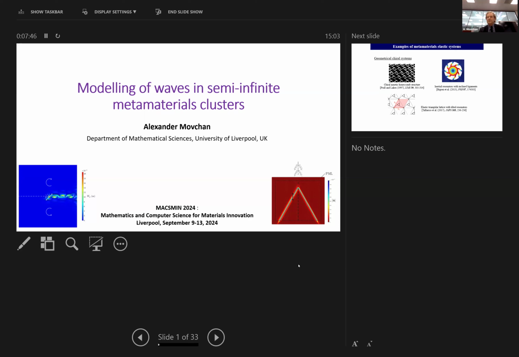And often the materials I'm talking about cannot be found in nature, but they can be manufactured. And of course, with the new technology involving 3D printing, these materials can be manufactured at different scales. So, two examples that you see on the first slide.